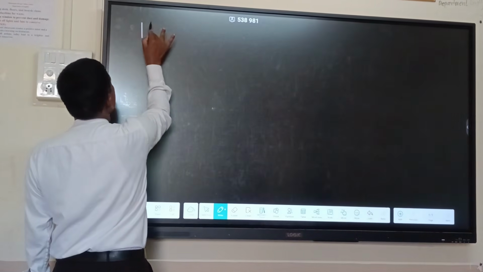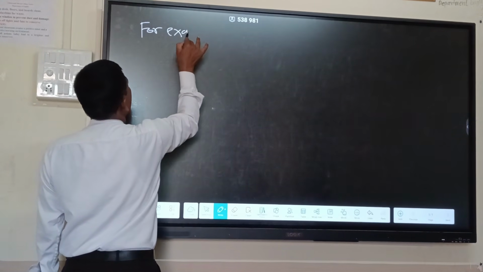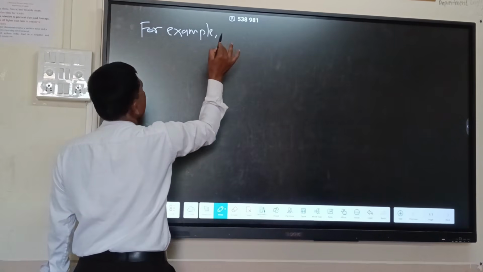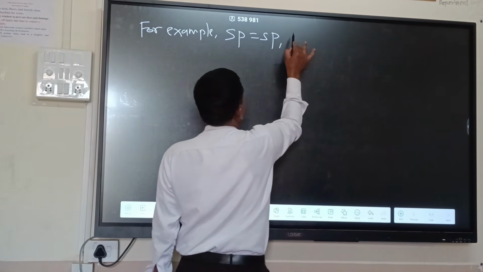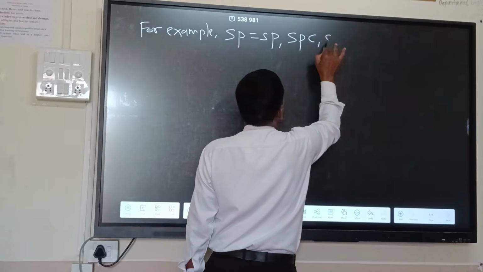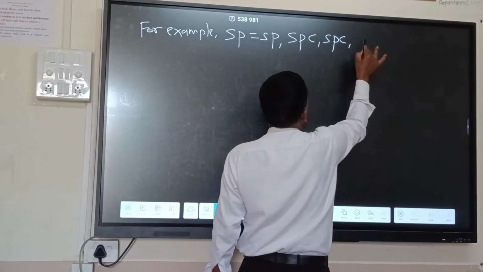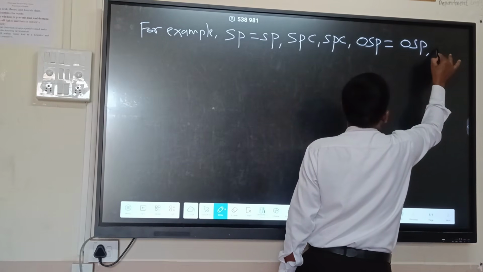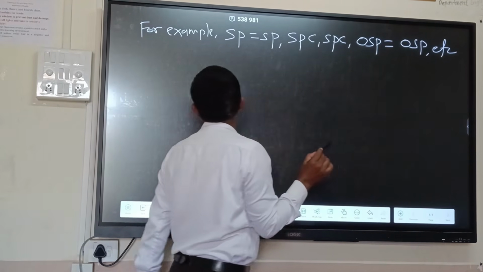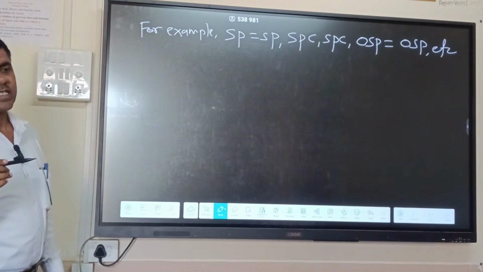For example, SP is equal to SP, or SPC is equal to SPC, or OSP is equal to OSP, etc. So this is known as the extra regularities.